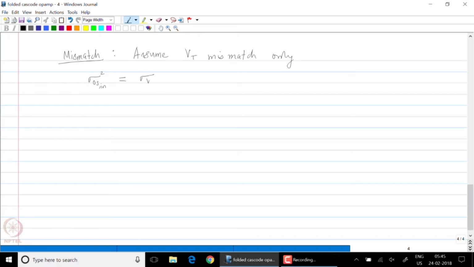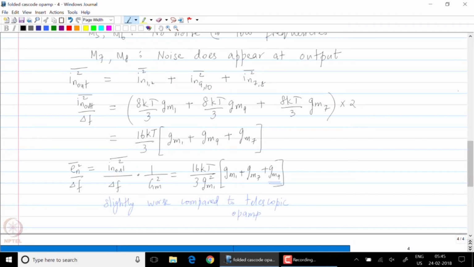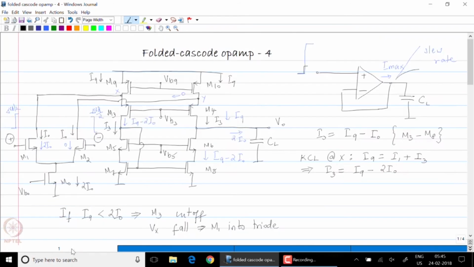It would consist of the input referred offset of M1 and M2 appearing directly, and you will have two more expressions. As you might imagine, the mismatch between cascode transistors M3, M4 and M5, M6 do not appear as an input referred offset at the input.